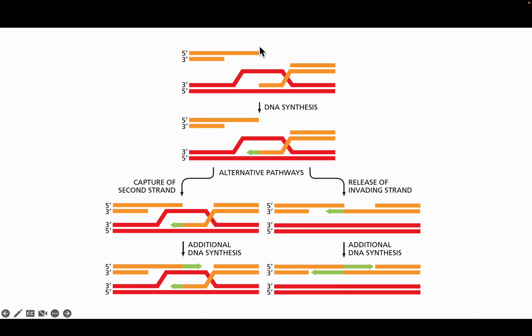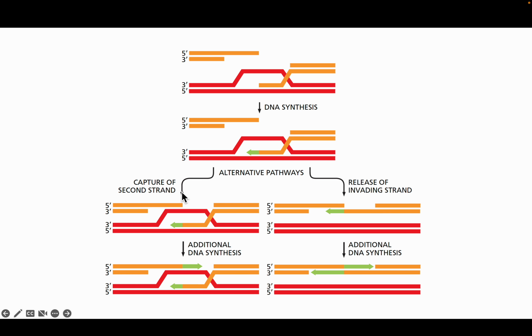Okay, so now that will get replicated. Another two alternate pathways it can take. One, when it is released from invading the other strand, it will then take the other strand of its own DNA as a template and replicate.